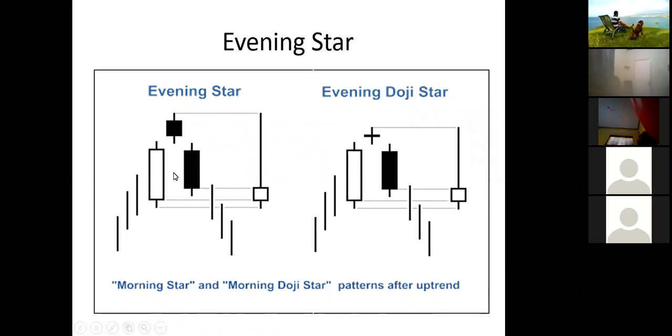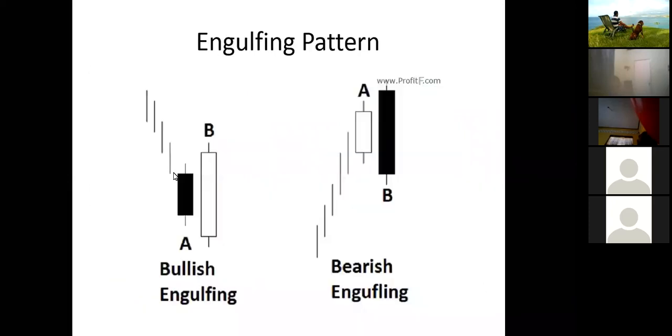Now with the engulfing pattern, you're going to be using two candlesticks. If you're starting with a bearish moving market, you have some bearish candlesticks moving lower and lower. The last candlestick is illustrated by A, this black candlestick. The next one that opens, B, has very strong bullish momentum and basically engulfs, or as we say, covers the entire bearish candlestick preceding it, right?